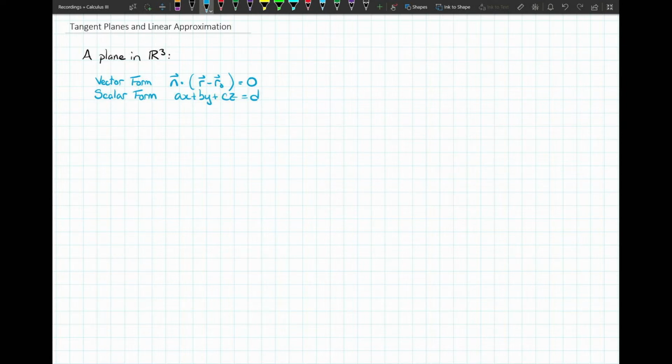That's just x, y, z. r naught is a specific point that we know on the plane, some sort of position vector, let's say x naught, y naught, z naught. If you take the dot product of n dot (r minus r naught), that dot product is always equal to 0 by the property that n is orthogonal to r minus r naught. Now, that is a very nice small formula that always gives you the equation of a plane.